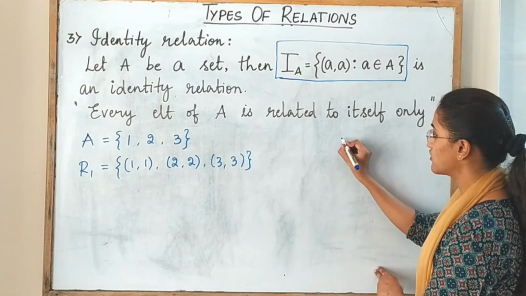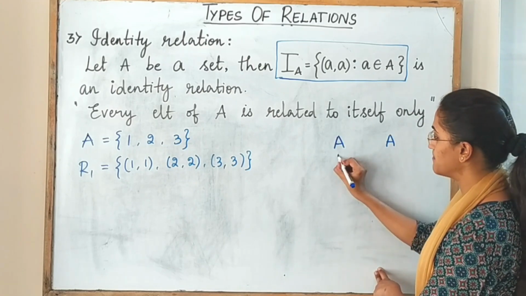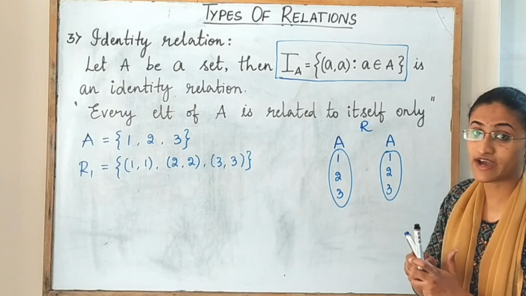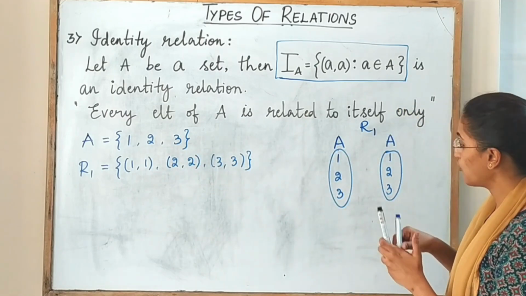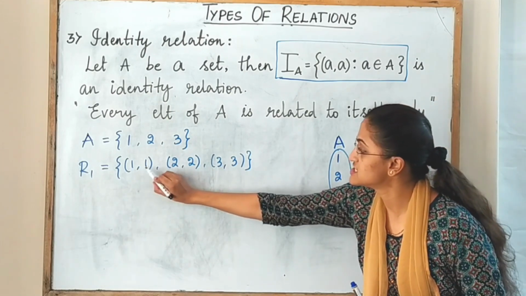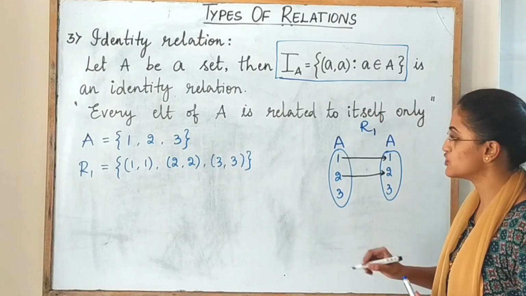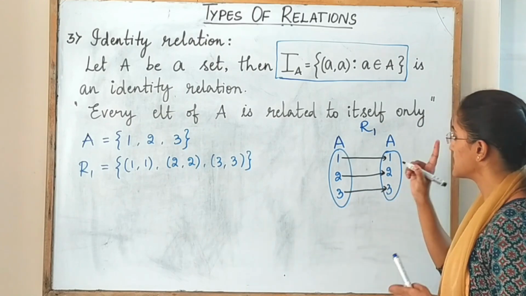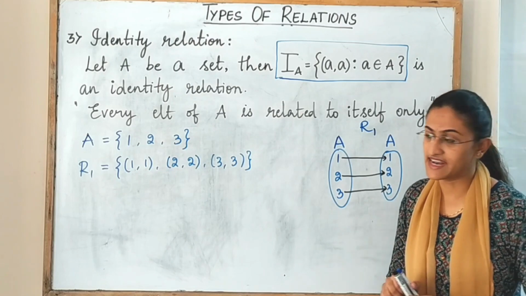You can check in the arrow diagram. If I have two sets A and A, now connecting as per this relation R1, we get 1 is connected to 1, 2 is connected to 2, and 3 to 3. Such kinds of relations are called identity relations.